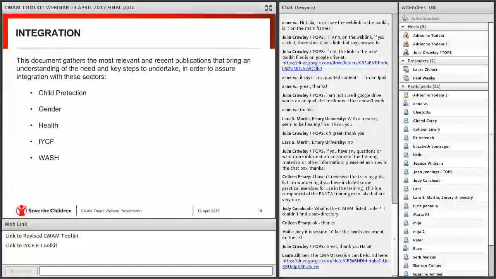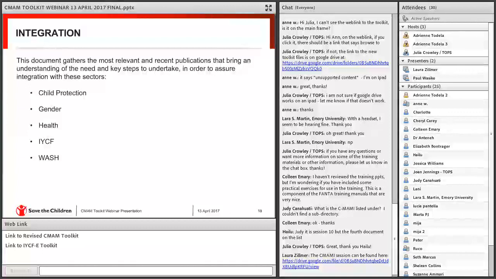Another interesting bit that we have in the revised version is the integration bit. So CMAM integration into the other sectors also came out as a very important component. And interestingly, as we tried to look around, apart from IYCF and obviously health, there wasn't so much documentation around direct CMAM integration with these other sectors.